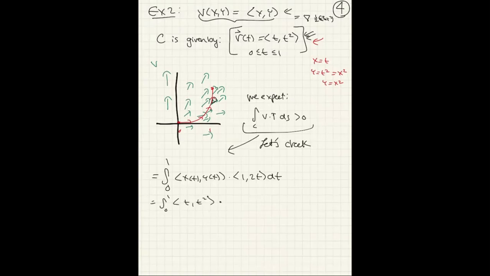If you're like, wait, that's weird, this is r of t itself. That's okay, because this vector field's weird. It's saying the x component is your x coordinate and your y component is your y coordinate. So that's why this thing on the left is exactly r of t itself. That doesn't always happen, but this is a cool vector field. So this is 1 comma 2t dt.